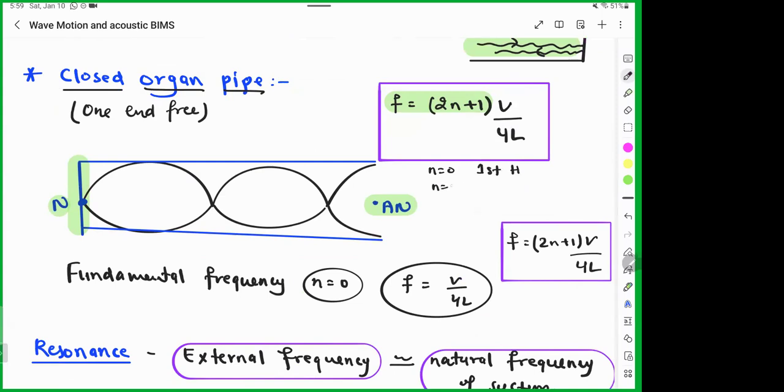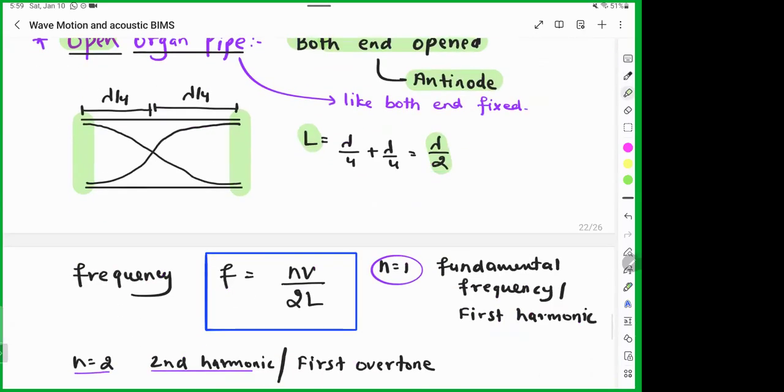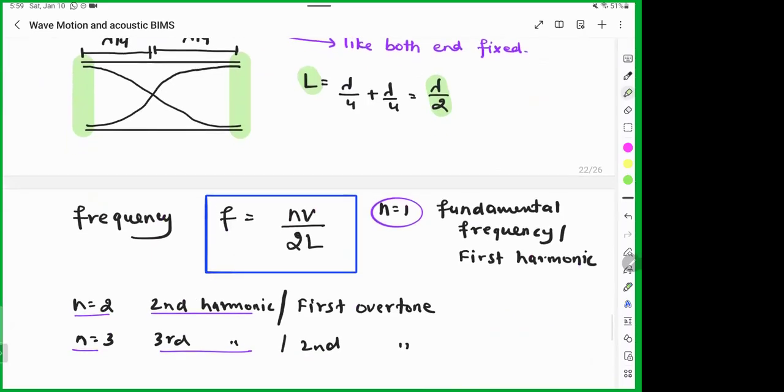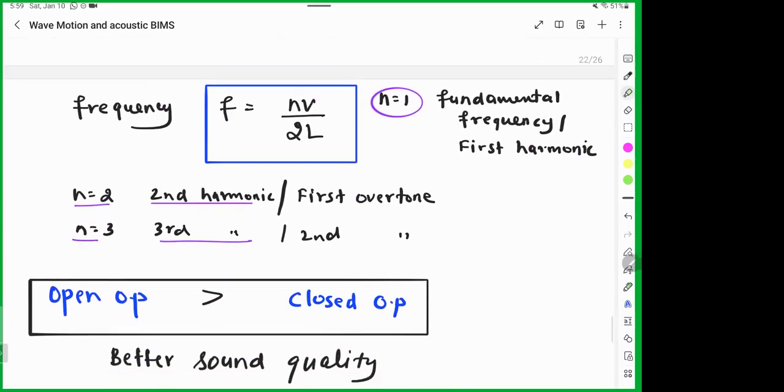If n value is 1, it will be the third harmonic. If n value is 2, the fifth harmonic. That is the biggest difference. There, the harmonic changes with the n value, and here it is directly proportional: n value 1, first harmonic; n value 2, second harmonic; n value 3, third harmonic, like that.